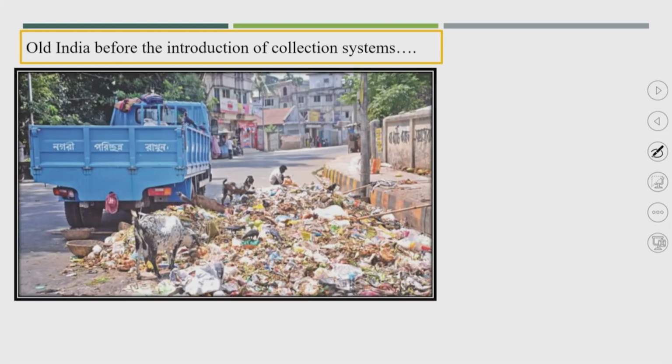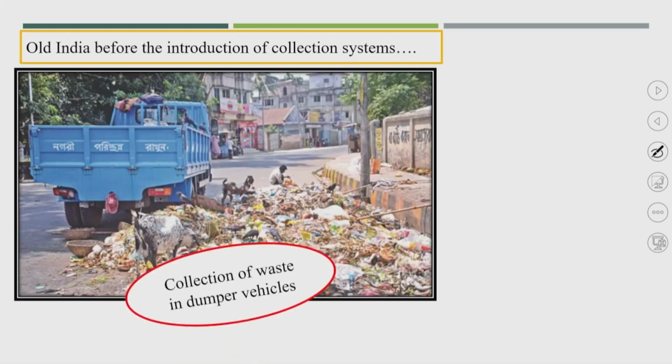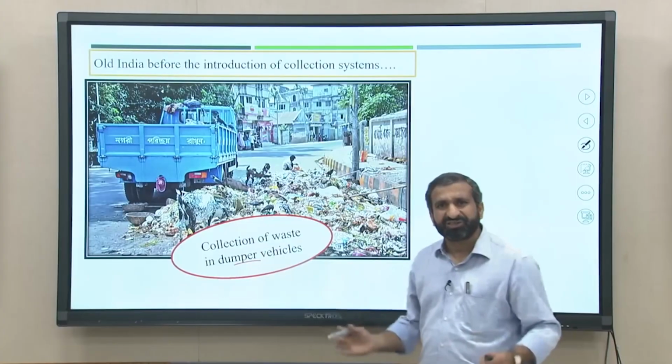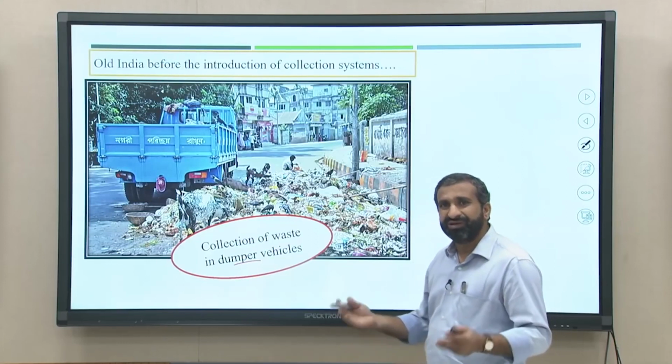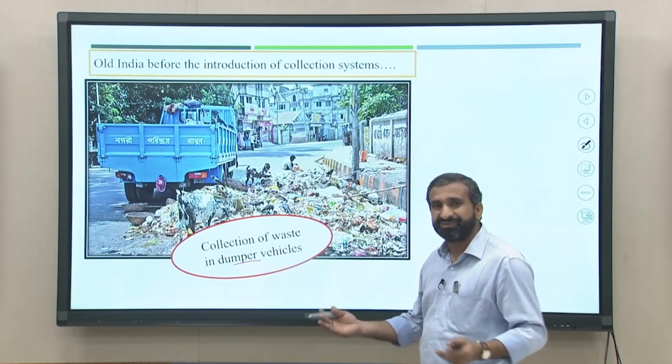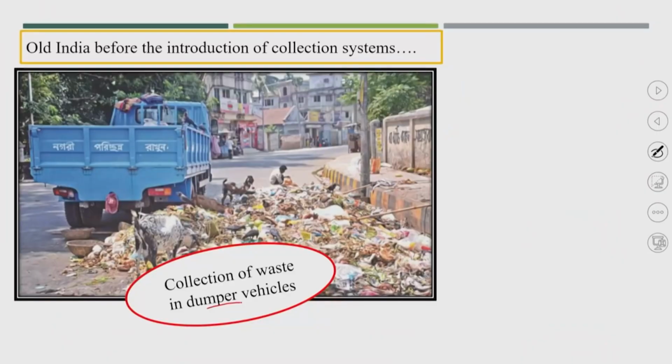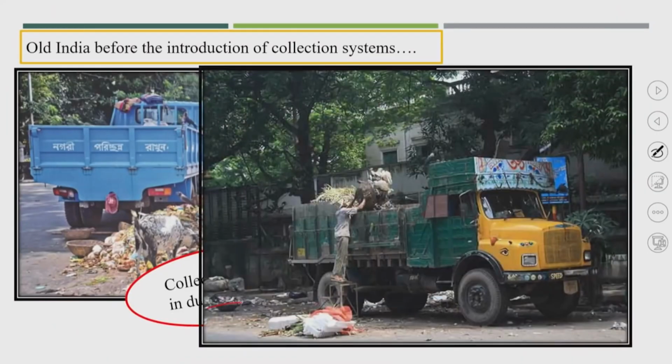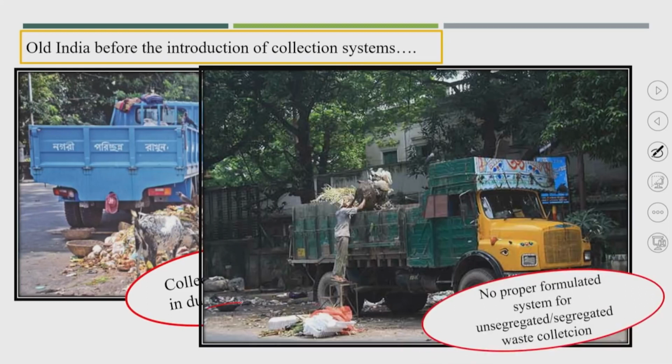The old vehicles normally used to collect the waste were what we call dumper vehicles. These dumper vehicles were used to collect construction material, and the same vehicles were used for solid waste collection in older India.